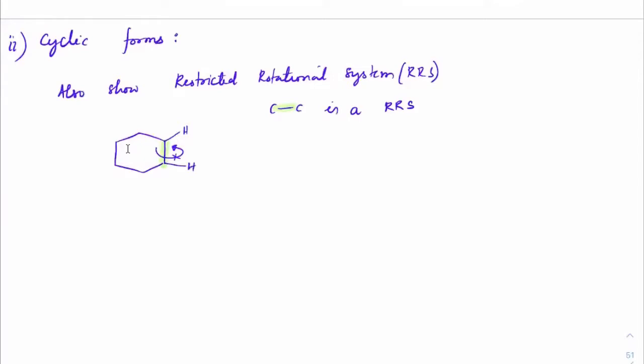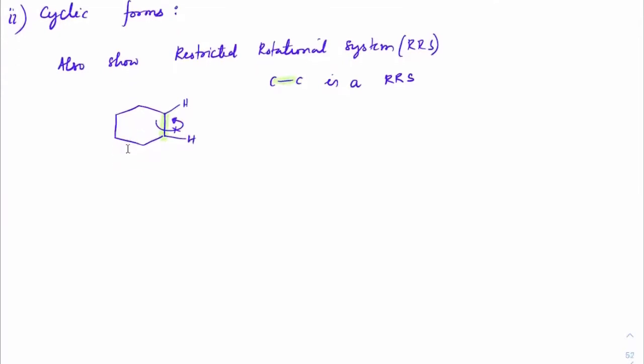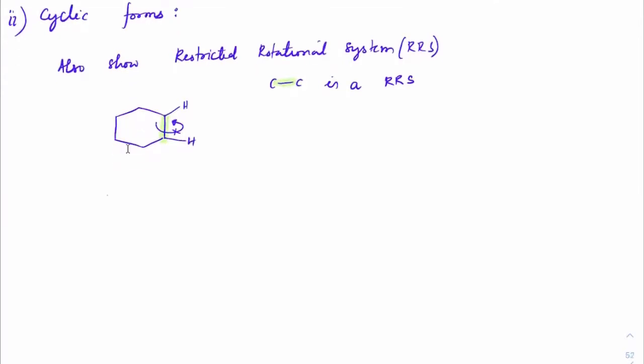So with respect to that also, if we have two different groups, yes, we can possess cis and trans isomerism. For instance, if we have chlorine here, let's say, which means these two chlorines are coming out of the plane. And here we have hydrogen, so there will be two groups here, no? One is hydrogen. So both hydrogens are going inside, chlorine is coming outside.